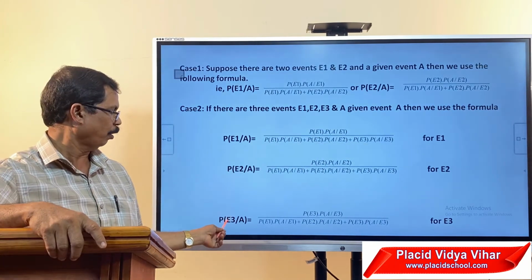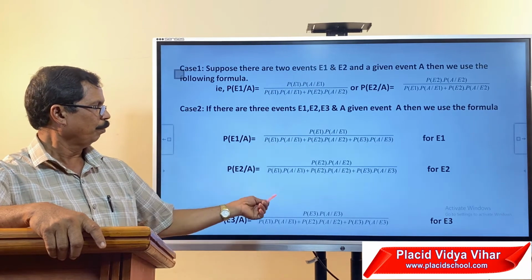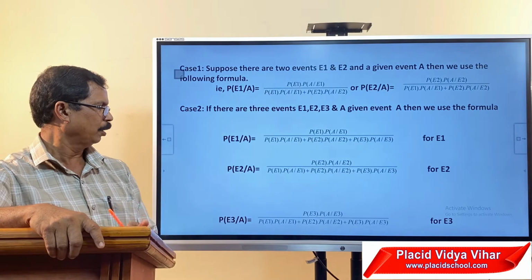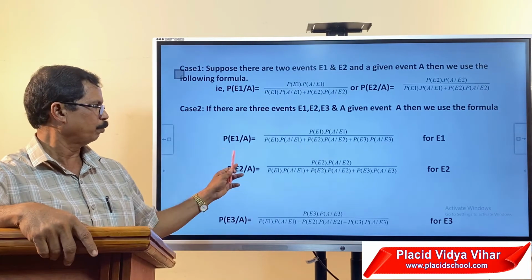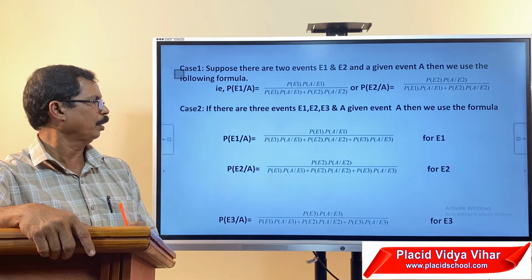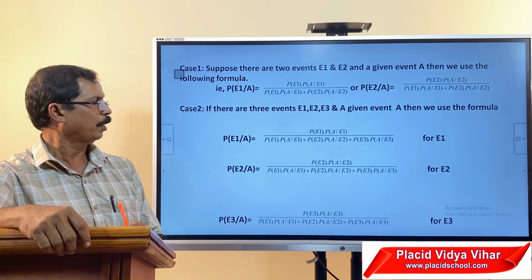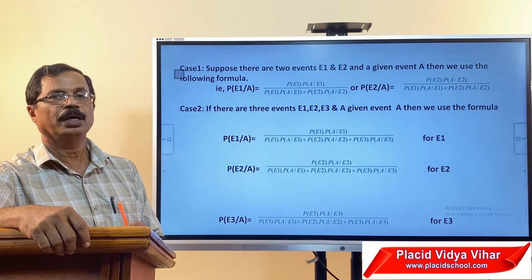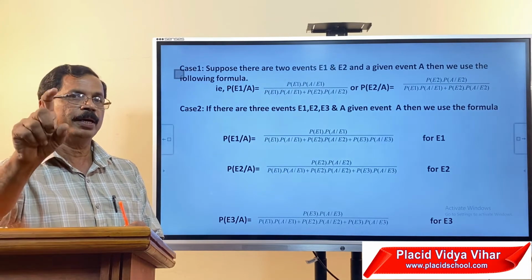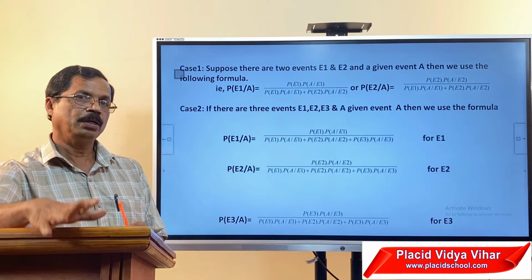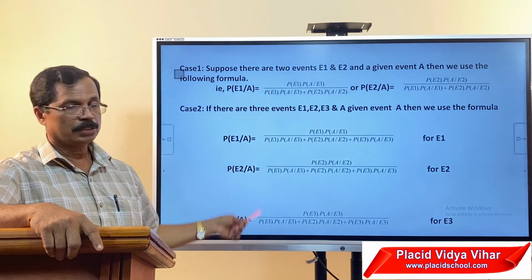Similarly for E3, P of E3 given A is equal to P of E3 into P of A given E3, the whole divided by all the 3, that is P of E1 into P of A given E1 plus P of E2 into P of A given E2, then plus P of E3 into P of A given E3. Okay, keep in mind and study this formula. For all problems based on Bayes theorem, we use these formulas.